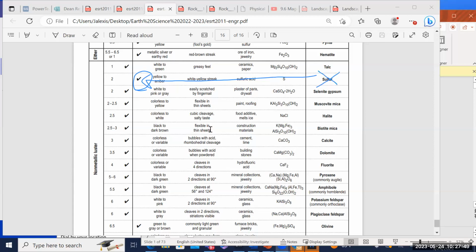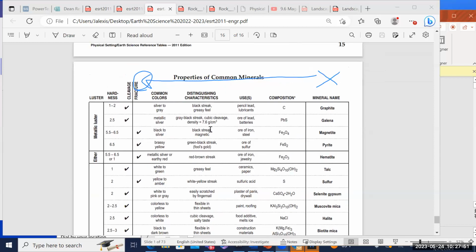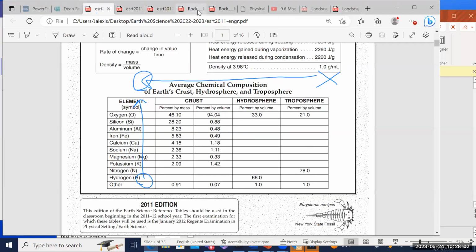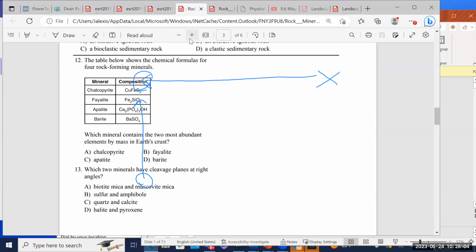If I scroll, you see it has the fracture checkbox on it. So it can't be choice 2, and it cannot be choice 1.